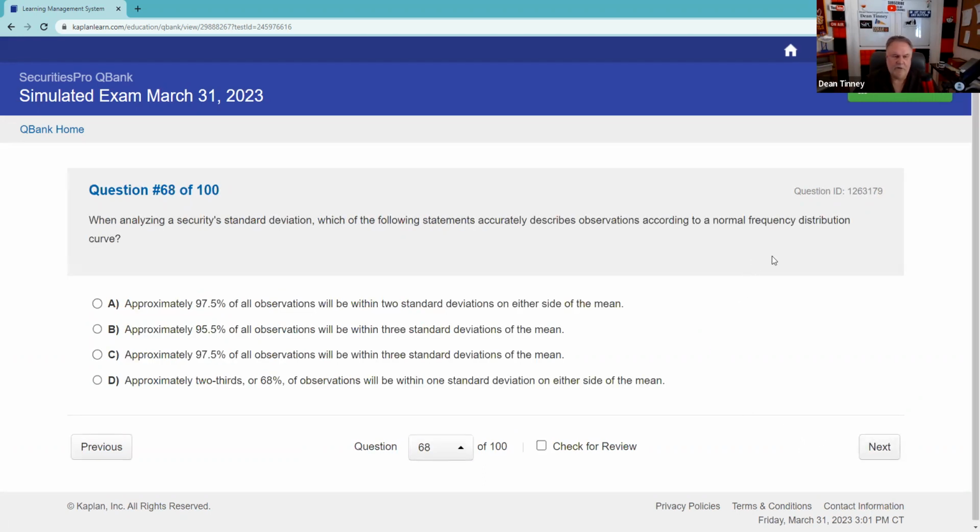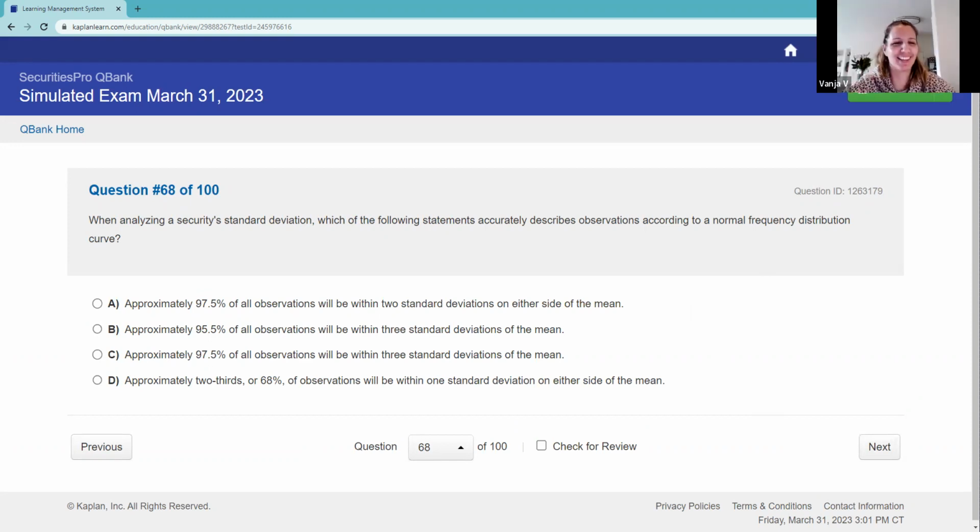When analyzing a security's standard deviation, which of the following statements accurately describes observations according to a normal frequency distribution curve? Oh my. Mark me wrong, that's one of those.